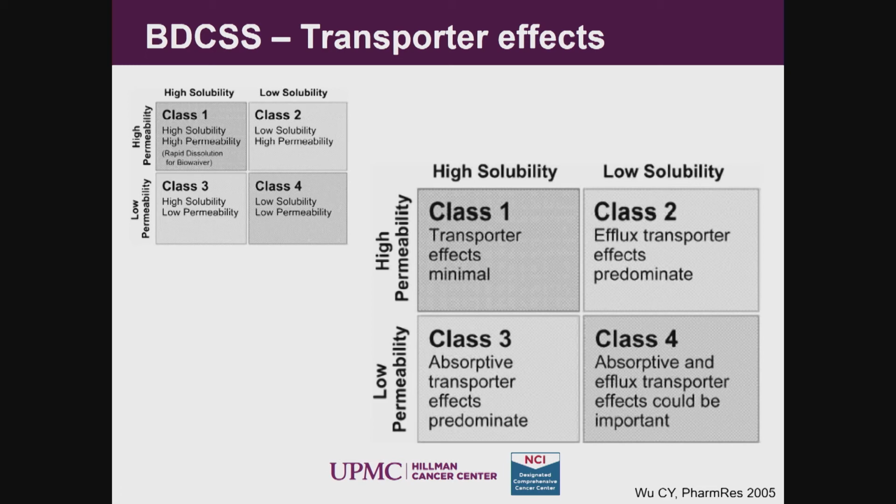And so efflux pumps may impact that absorption process. Class 3 compounds, they don't enter membranes very easily, and so they need the absorptive transporters. And so interactions at that level are likely. With class 4 compounds, all transporters could have an impact, and it's hard to predict which effect predominates.